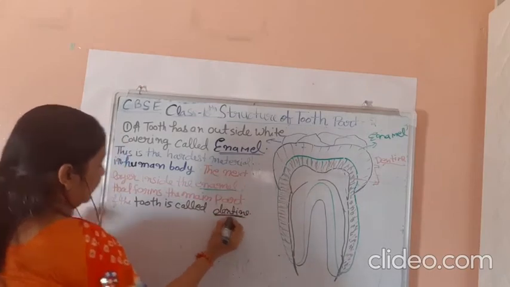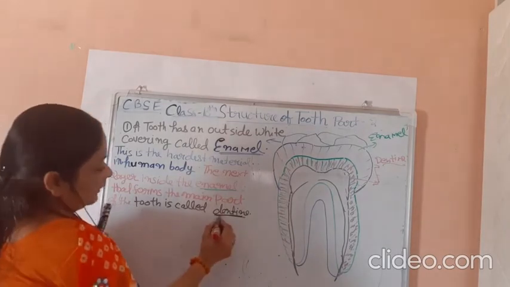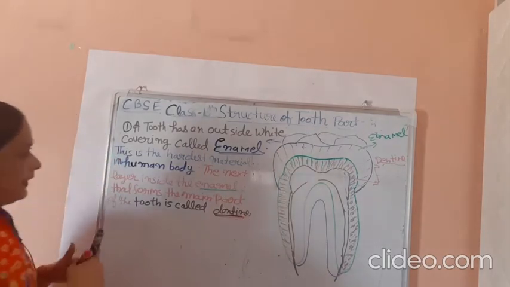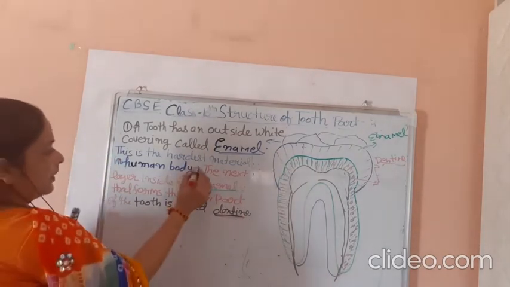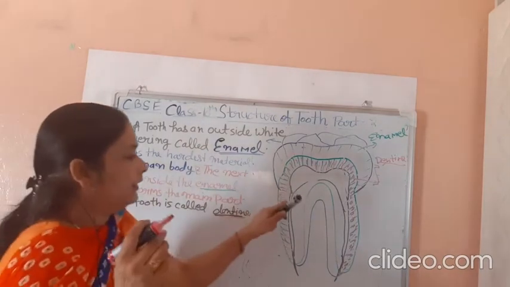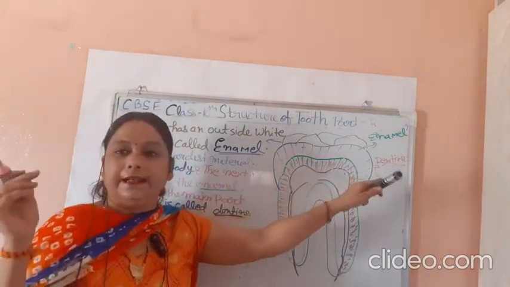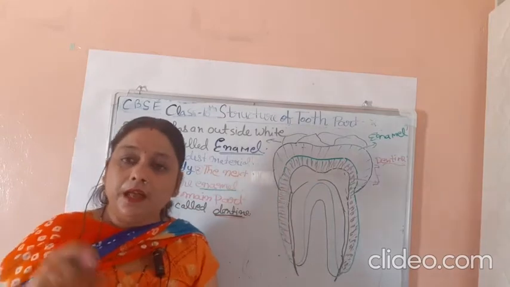Here, underline this. So this is the next part, you can see on your screen. This green part showing dentine is present inside the enamel.